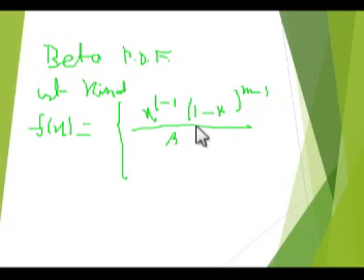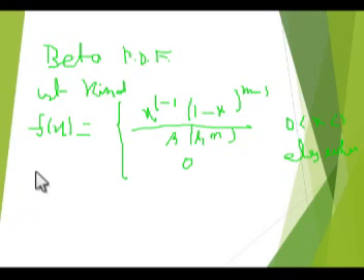If you know the behavior of the beta function, then you can very easily understand the behavior of the probability density function. Here x belongs to 0 to 1, otherwise it is 0. This is a restriction; for other values the probability density function is 0.